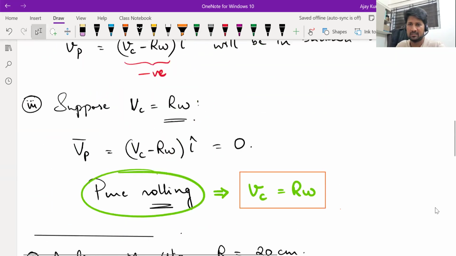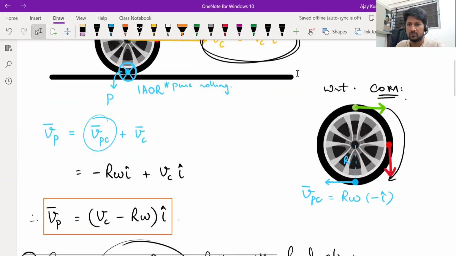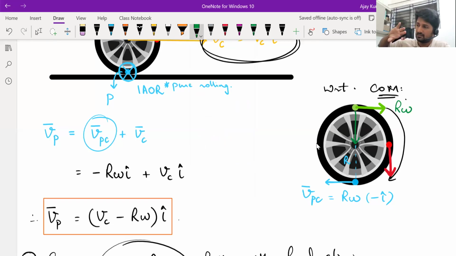If the system is in pure rotation about the center of mass, the topmost point, that is A, will have a speed of r omega because its distance from the center is r. And the wheel is rotating clockwise, right? Therefore, the topmost point will be having a velocity in the forward direction. So its velocity is r omega i cap with respect to center of mass.